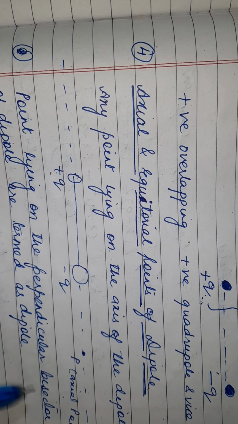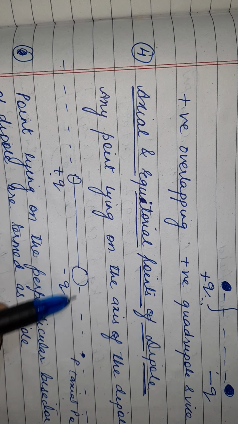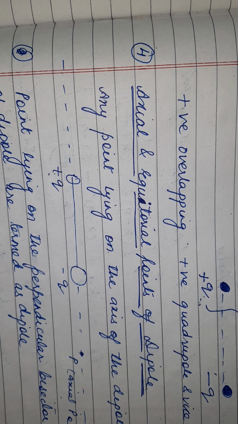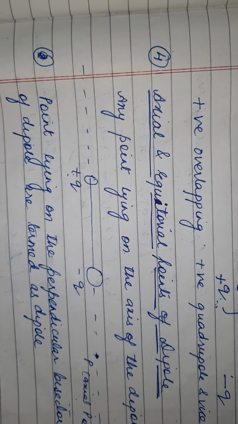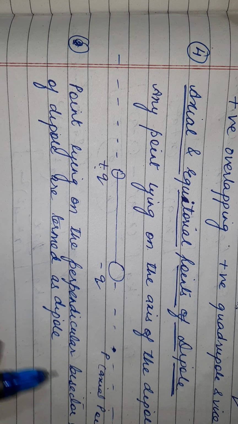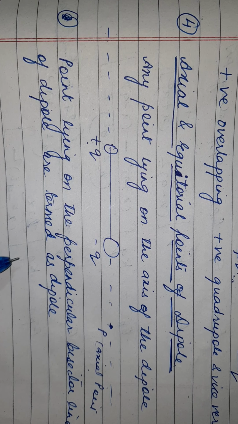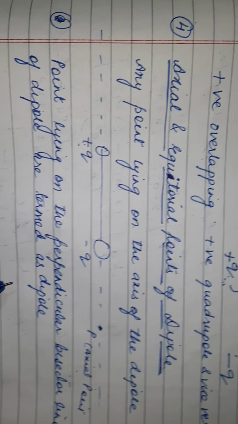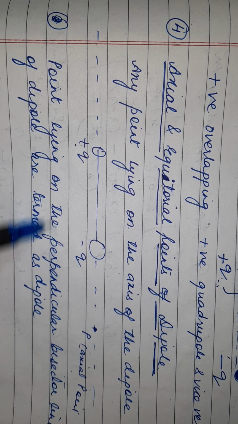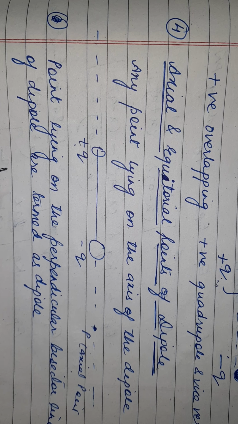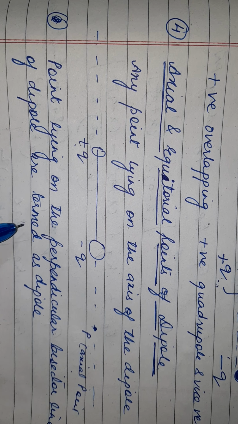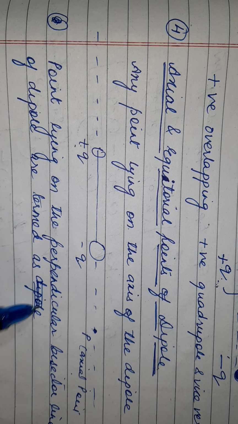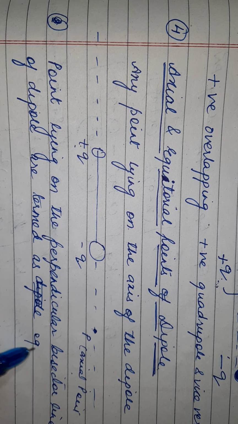Any point lying on this axis will be an axial point. And what is the equatorial point? An equatorial point is a point lying on the perpendicular bisector of the line of the dipole.